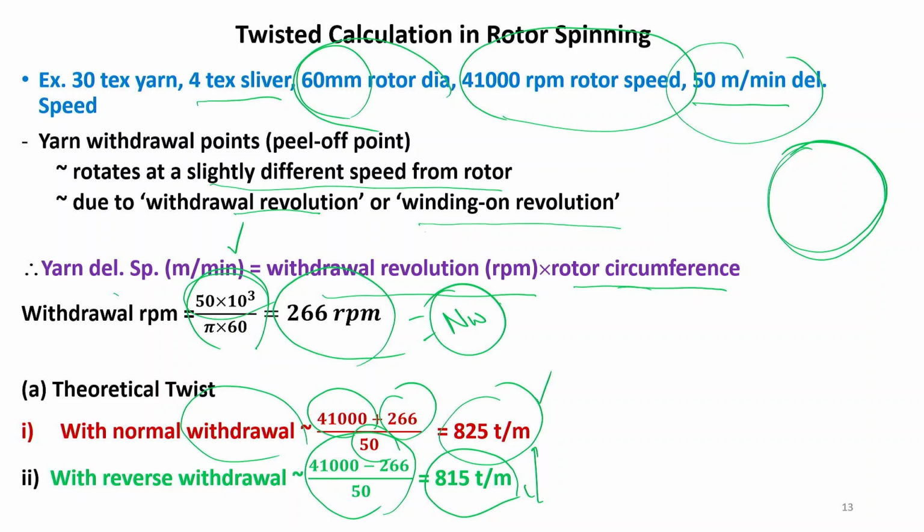So, normally in rotor spinning we take the mean of this. So, effectively the twist will be rotor rpm divided by delivery speed. That is the effective twist.